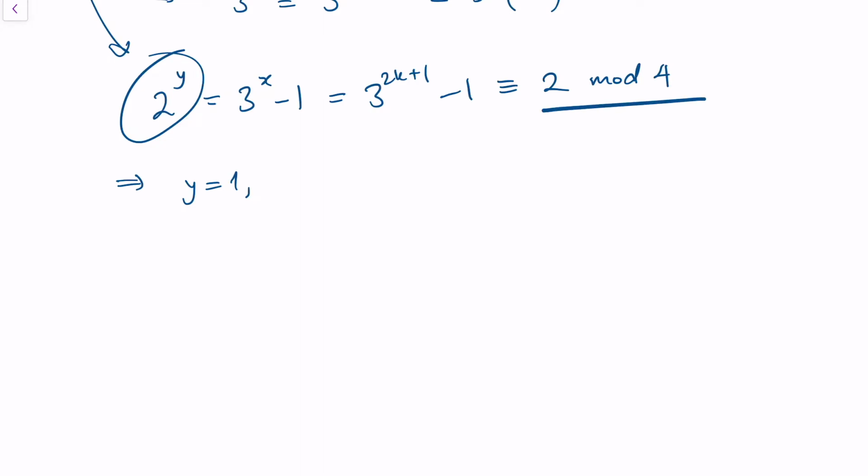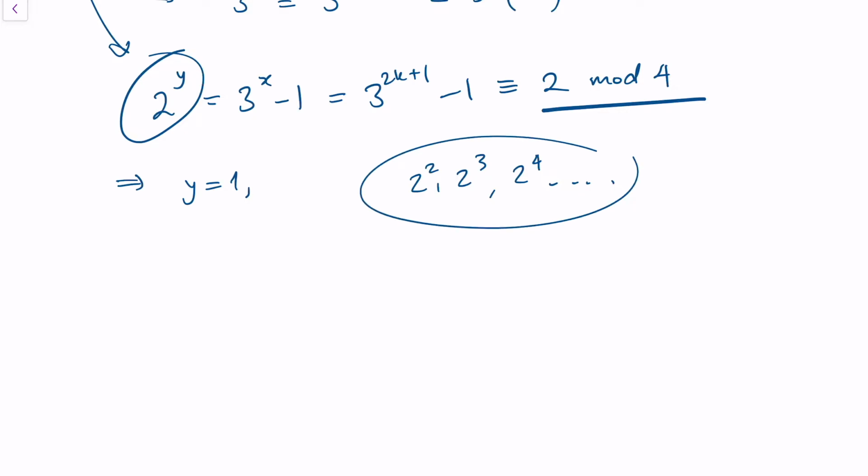But since y is a positive integer, if it's anything greater than 1, it could be 2, 3, 4, so we'll have 2^2, 2^3, 2^4, and so on. And these will all be 0 in mod 4 because they are multiples of 4.